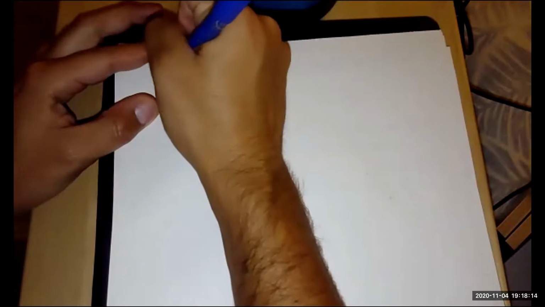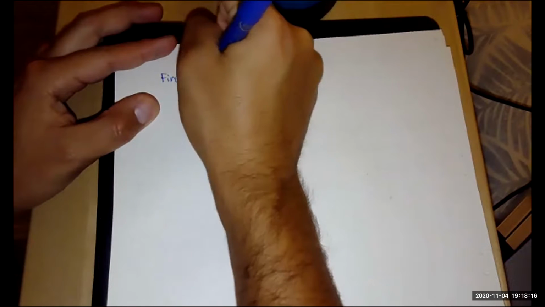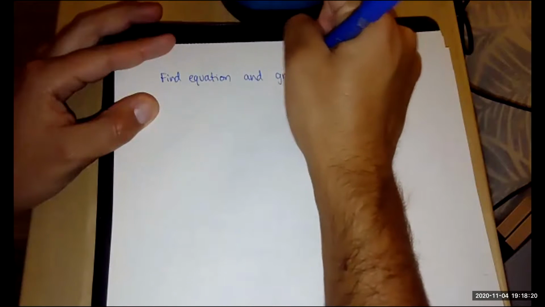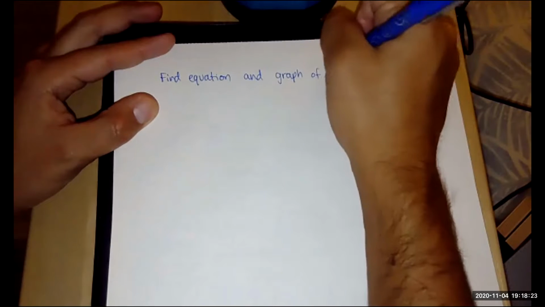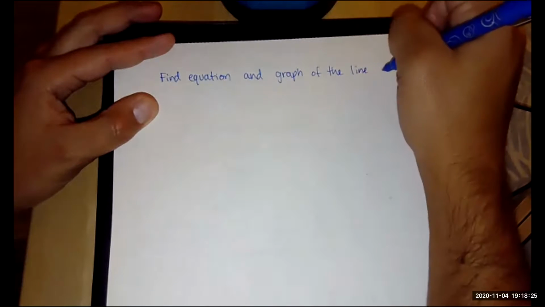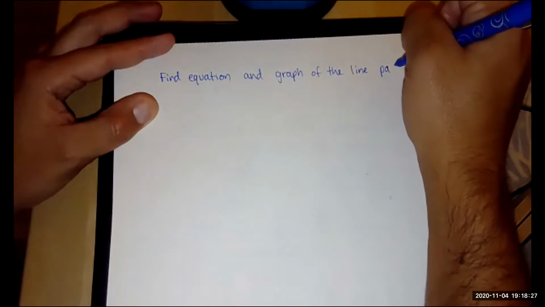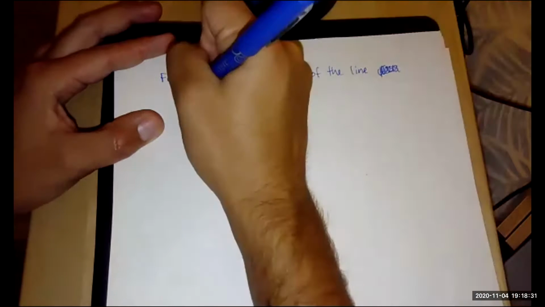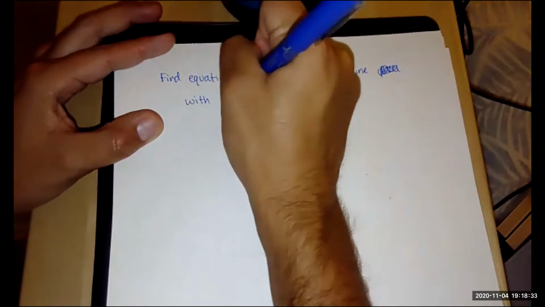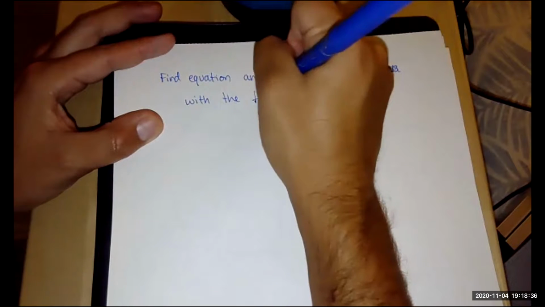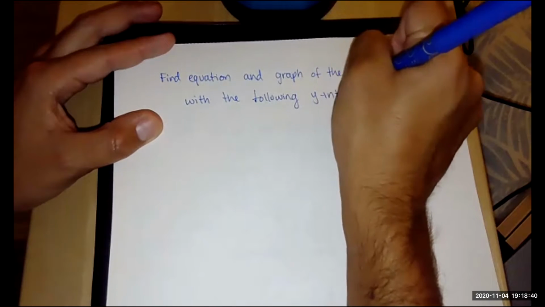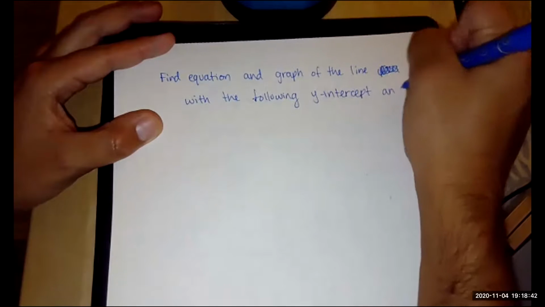So we want to find the equation and the graph of the line with the following y-intercept and slope.